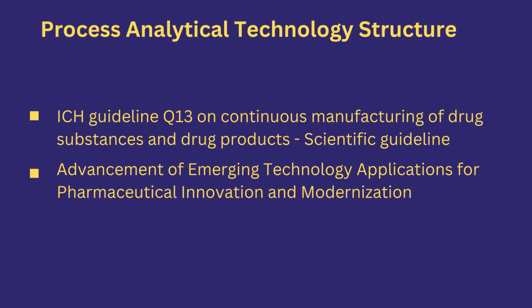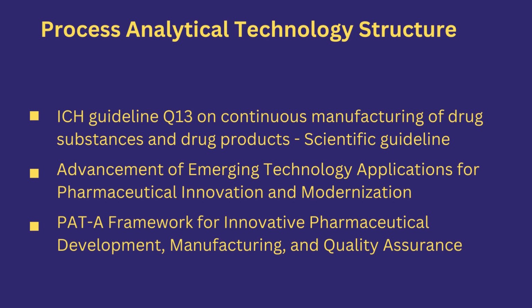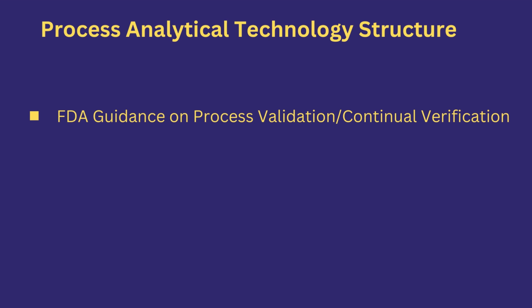The guideline for the United States FDA is known as Advancement of Emerging Technology Applications for Pharmaceutical Innovation and Modernization. Another FDA guideline regarding continuous manufacturing is related to process analytical technology. This guideline is known as PAT, a framework for innovative pharmaceutical development, manufacturing, and quality assurance.